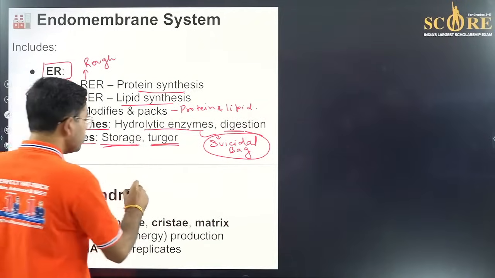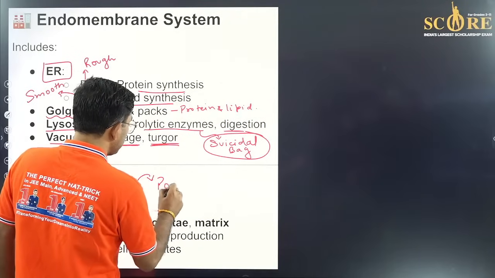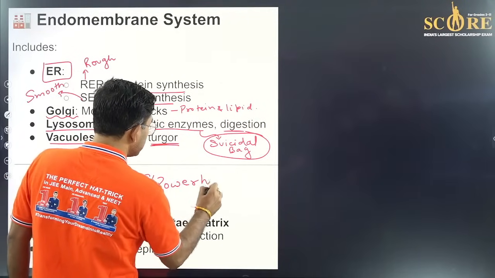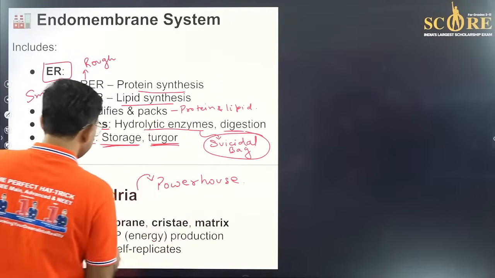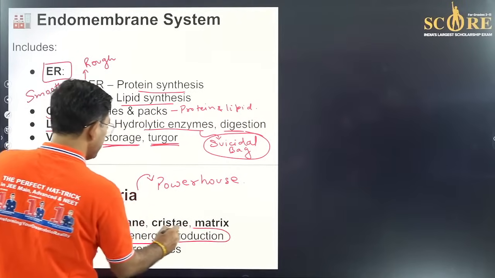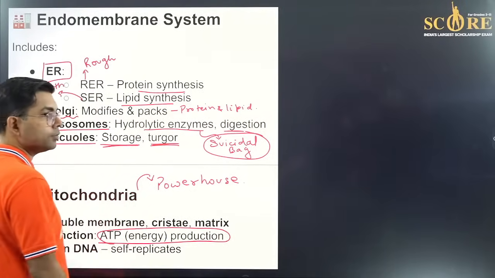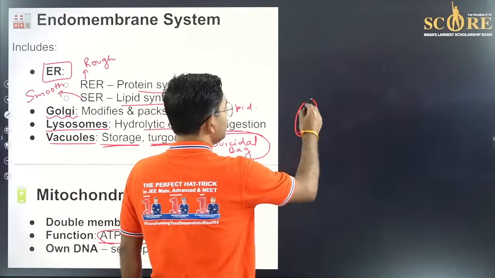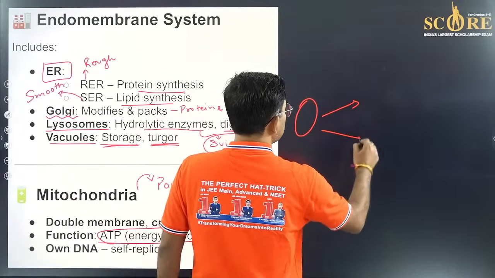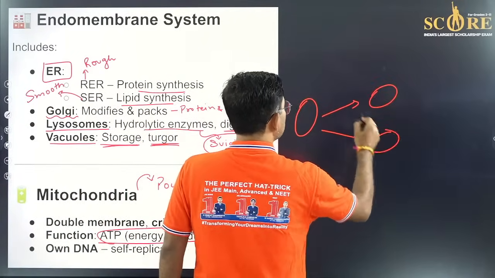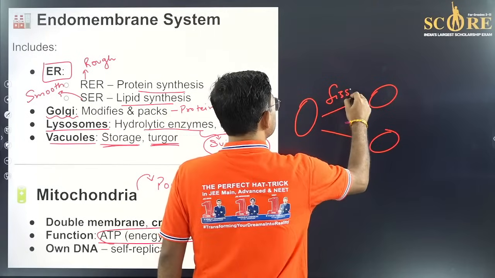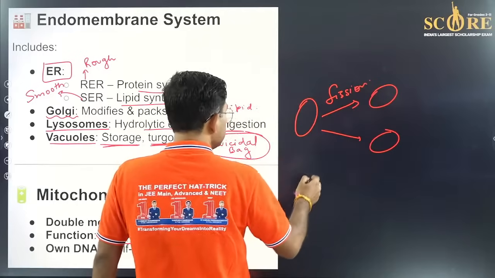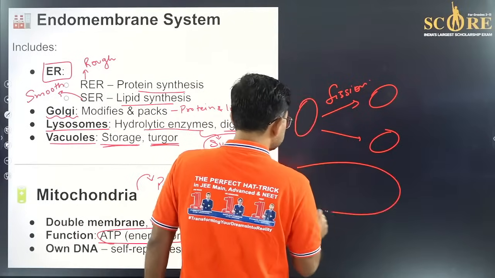After that is the mitochondria. You all know mitochondria is called the powerhouse of the cell. Why it is called powerhouse? Because it produces ATP. Its main function is ATP production. This mitochondria can itself divide through fission, and one become two. They are actually double membrane structure.